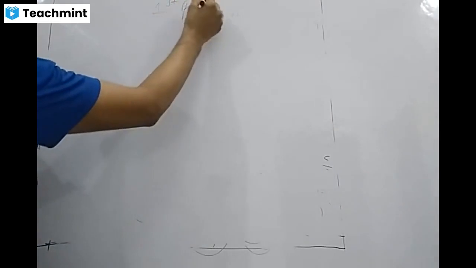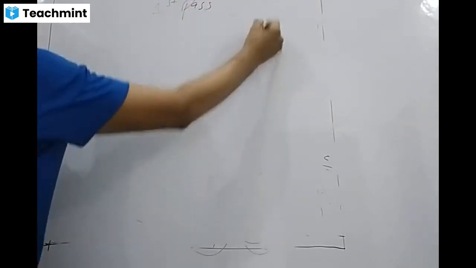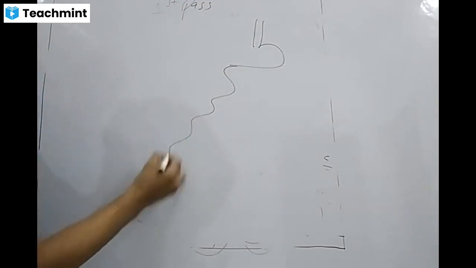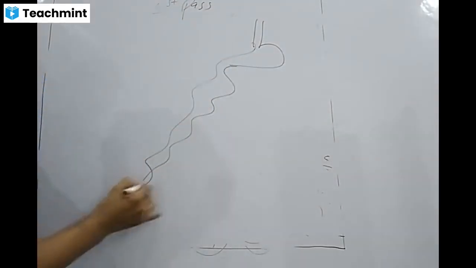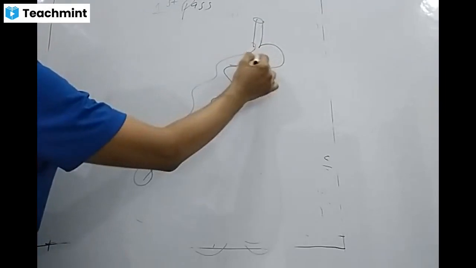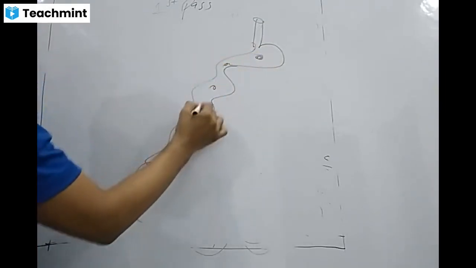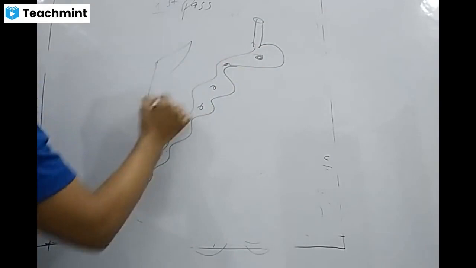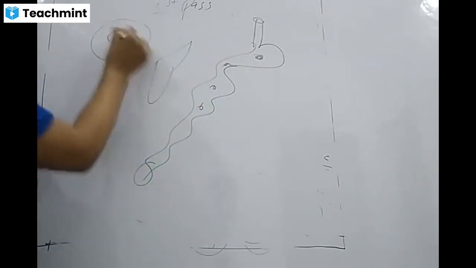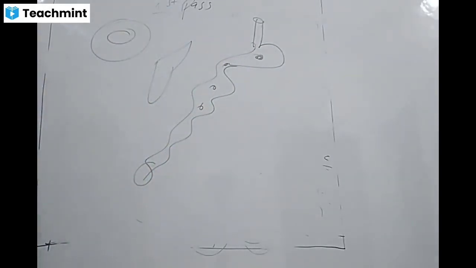First pass metabolism means we have administered one drug that entered into the GIT, and this is the liver and this is the general circulation. So first the drug will cross this membrane, it will absorb, then it will reach into the portal circulation, and from the portal circulation then it will enter into systemic circulation.